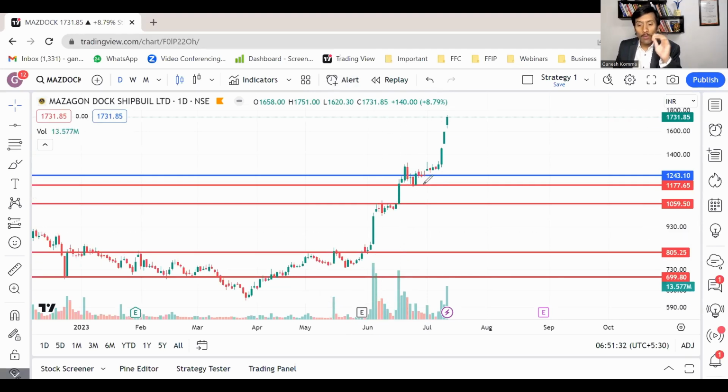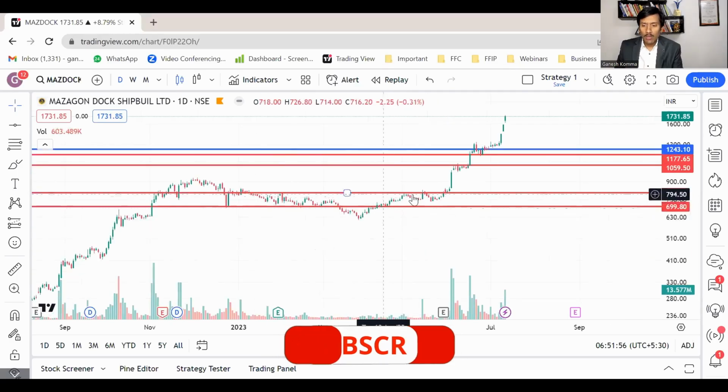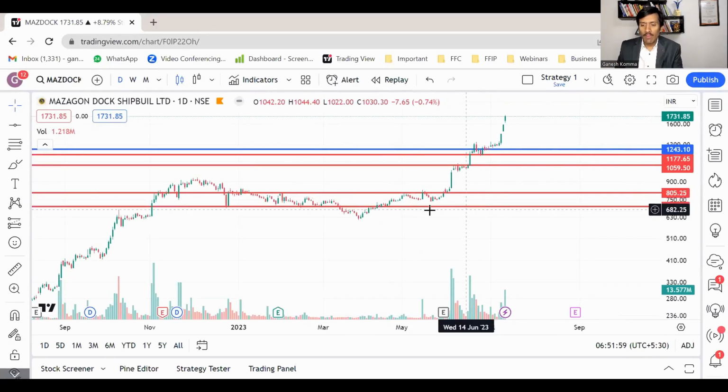I repeat, whenever a stock is able to cross its resistance or its ceiling with a very good volume, right? If you see here at this juncture, let me just tell you, when Mazagon Dock reached this level of 805, it was trying to cross this 805 level for almost a very long period, right?